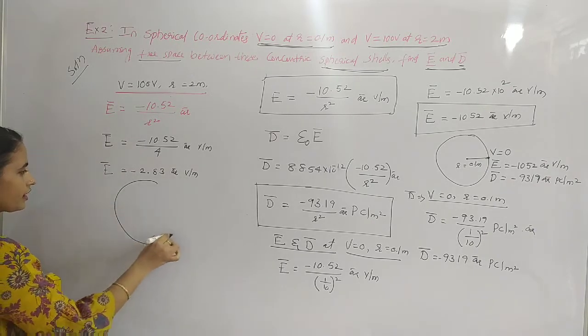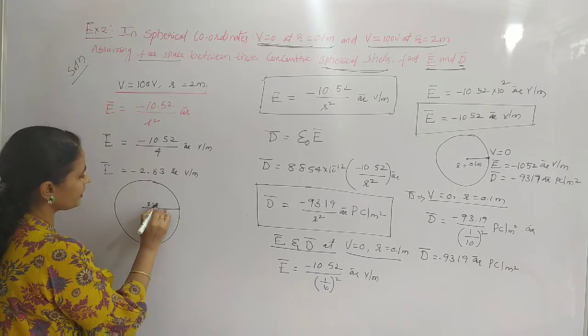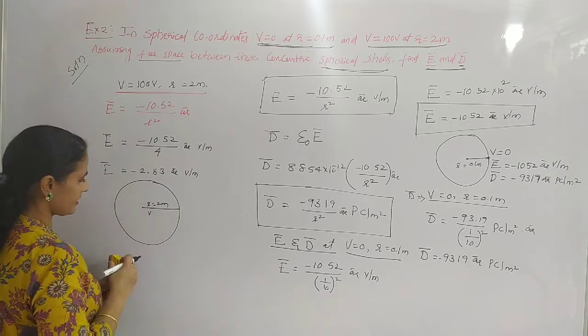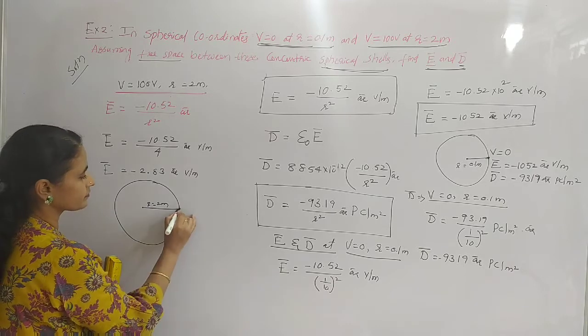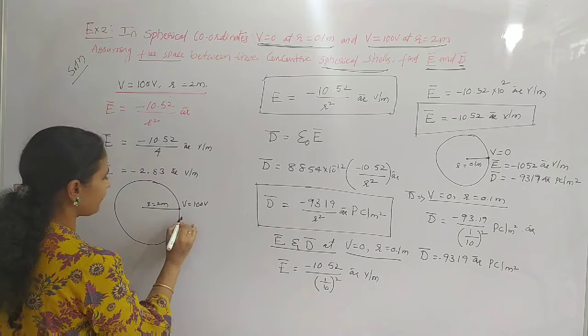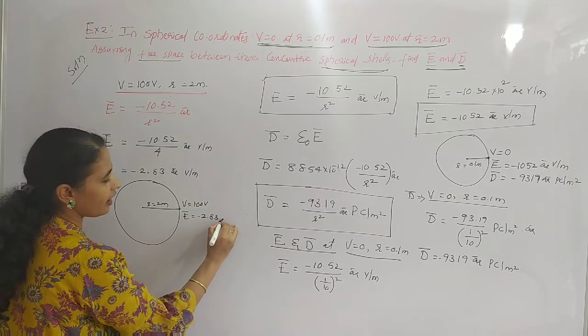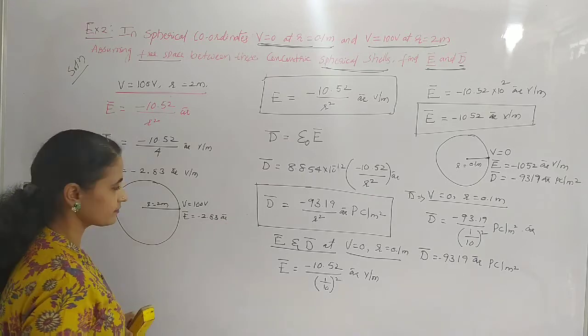On the second sphere, whose radius is 2 meters and voltage is 100 volts, the electric field is minus 2.83 along the direction of the radius.